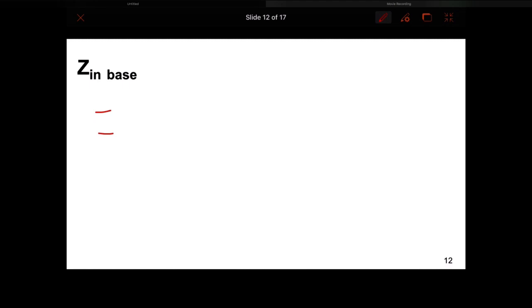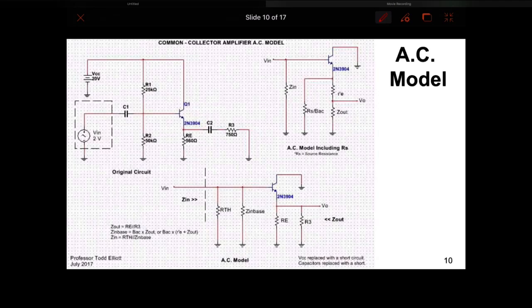That's the resistance looking into the base. So let's go back a couple slides. If we would ignore R prime E, which we're not, it would simply be Z out times beta AC.